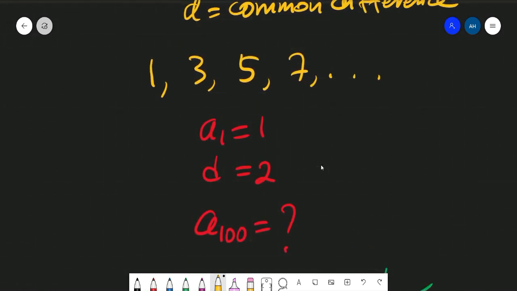See here the common difference between 1 and 3 is 2. 3 and 5 also 2. 5 and 7. All the differences between any two consecutive terms are equal to 2.